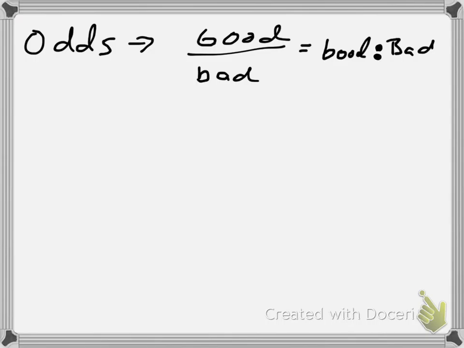That means that if this season were played over and over, they would lose the World Series, or they wouldn't get there 7 times, but they would win it twice. That's very high odds considering there's 32 teams, and usually the best team doesn't win. So anyway, good over bad, which is different than probability, which was good over total.